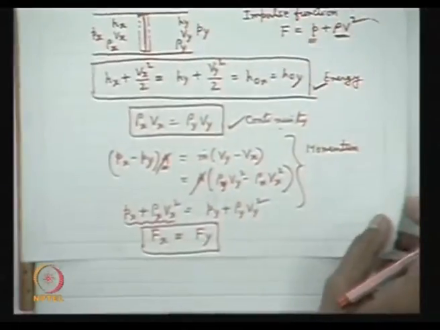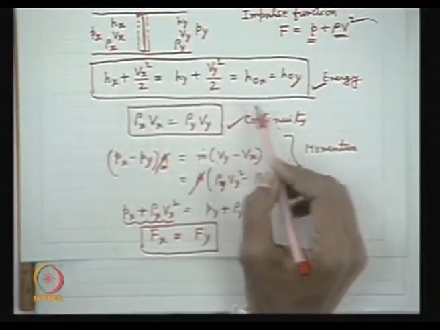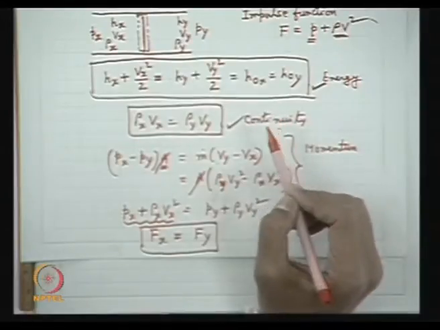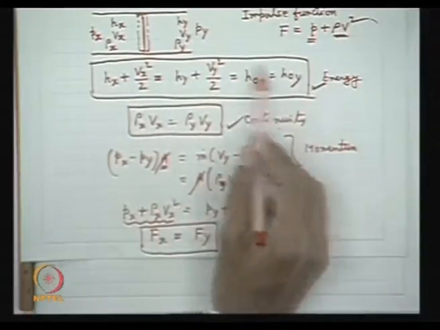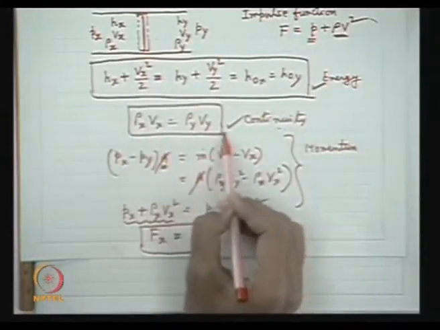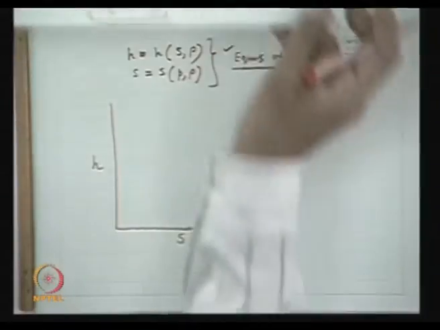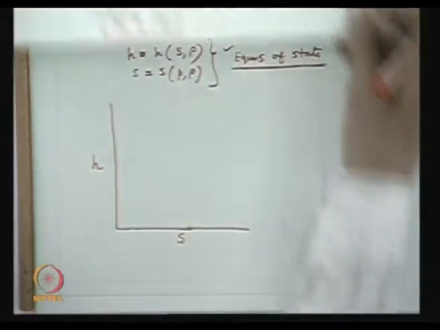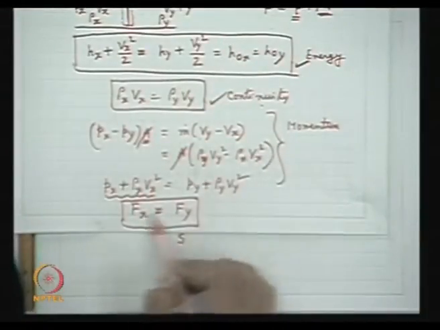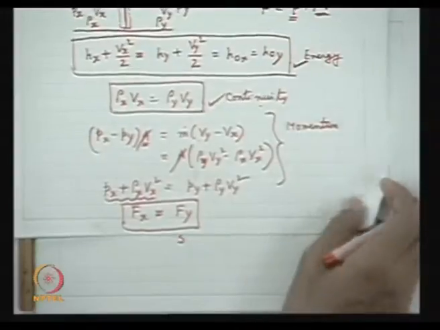Now, just to follow in a routine manner, if I try to draw the locus of points having the same stagnation enthalpy satisfying the continuity, that means the same mass flow rate and the equation of state, not the momentum equation, then we can draw the locus like this.